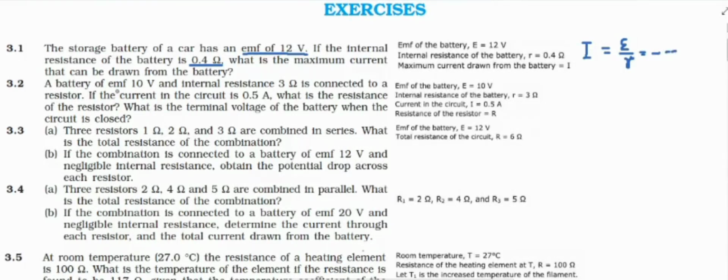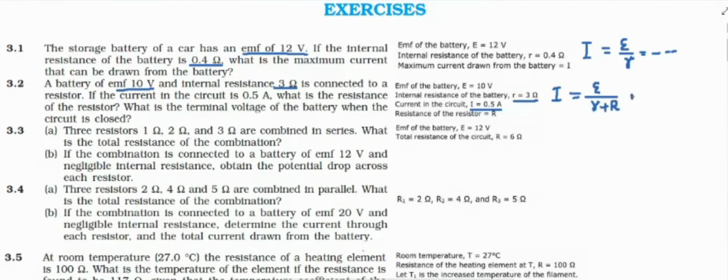A battery of EMF 10 volts, internal resistance small r is equal to 3 ohm. Then current I is equal to 0.5 ampere, R is equal to 3 ohm. What is the terminal voltage and what is the resistor R? So you can use the formula I is equal to epsilon divided by R plus r.